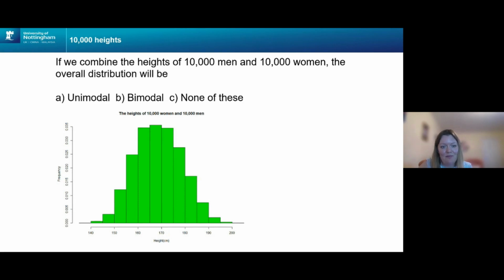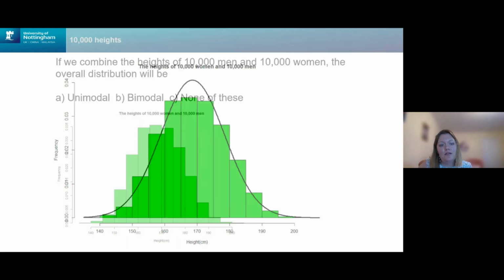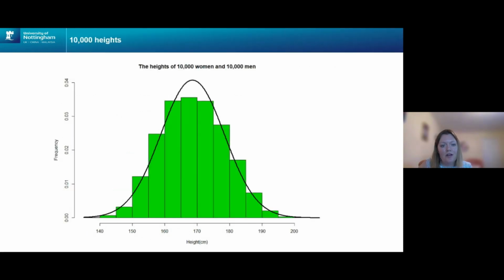So people tend to think it would be bimodal, but when we combine 2 normal distributions, in this case, it is unimodal. And when we do this in R, simulate these 20,000 values and do the histogram, we can find that the mean height is 168.6 centimetres, and the standard deviation is actually greater than for the men and women separately.